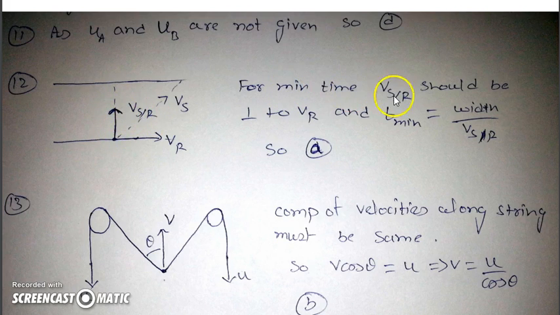So for minimum time, VSR, the velocity of the swimmer with respect to river, or the direction in which he should try to swim, should be perpendicular to VR, and the minimum time is width divided by the velocity of the swimmer with respect to river. This is given to you. For further clarification, you can watch my video in which I have explained this concept, river boat problems.